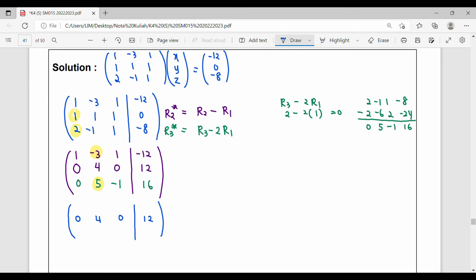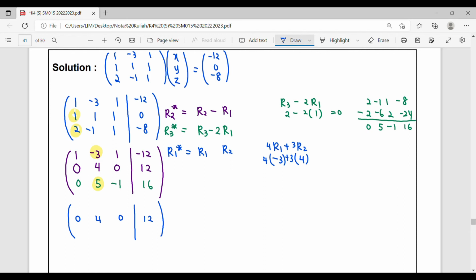We are going to change row 1 and row 3. So row 1 needs to operate with row 2. We cross multiply the coefficients here, times 4 and times 3, with negative and positive signs.